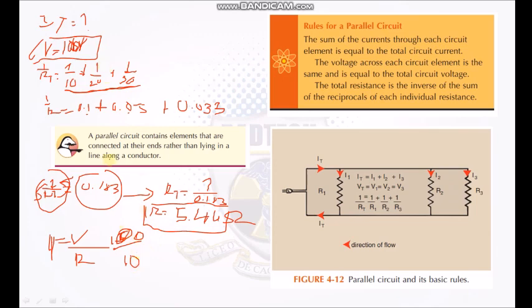So 100 divided by 10, that is 10. So I1 equals 10, plus 100 divided by 20, that's 5, and then plus 100 divided by 30 is 3.33.